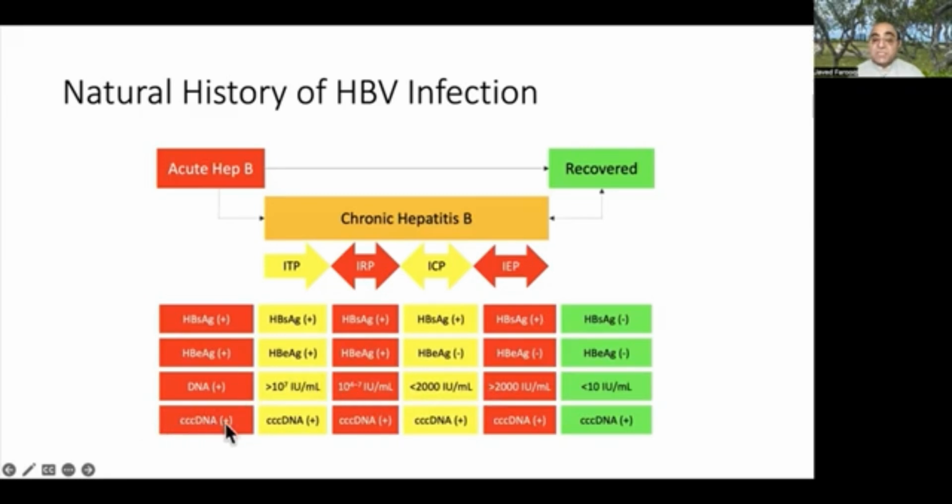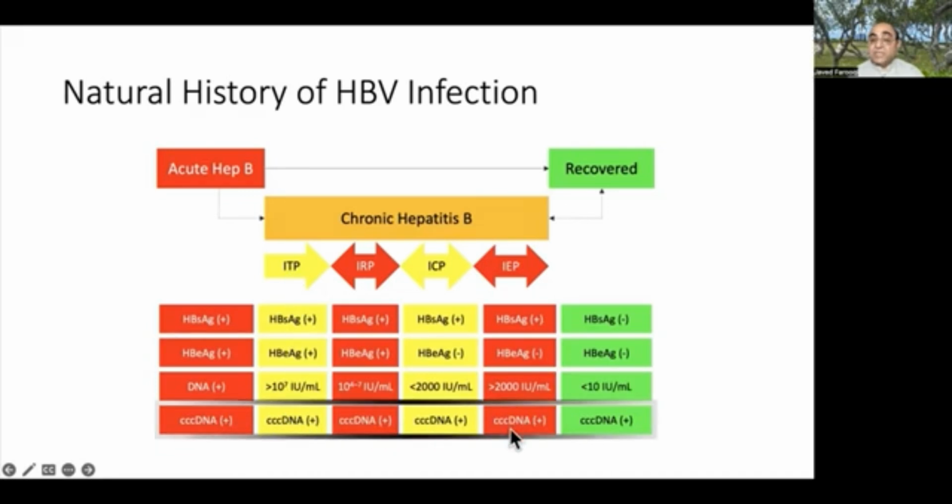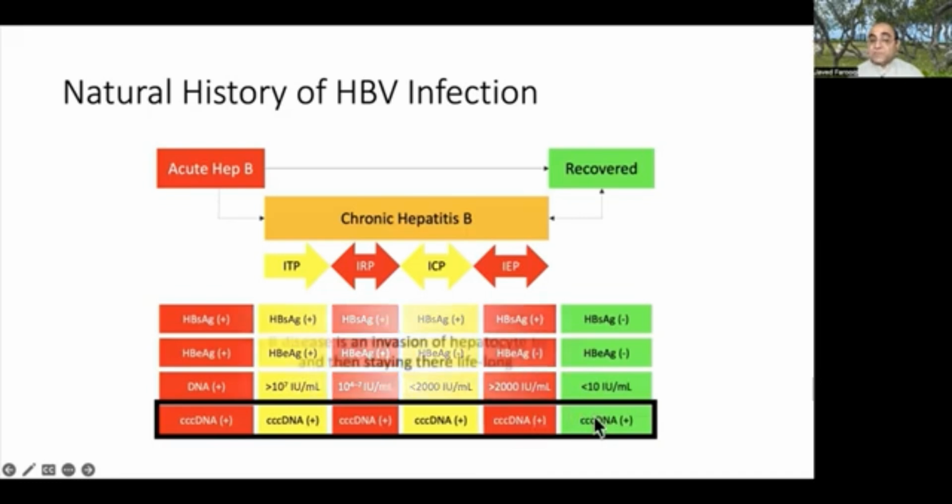And when we see this, the cccDNA, irrespective of the phase, is present in all 5 phases, and this is very, very important. That cccDNA is present in acute hepatitis B phase, immune tolerant phase, immune reactive phase, immune control phase, immune escape phase, and recovered phase.